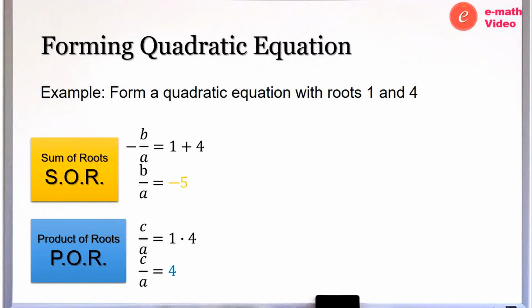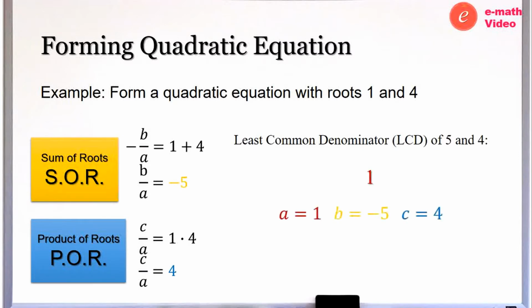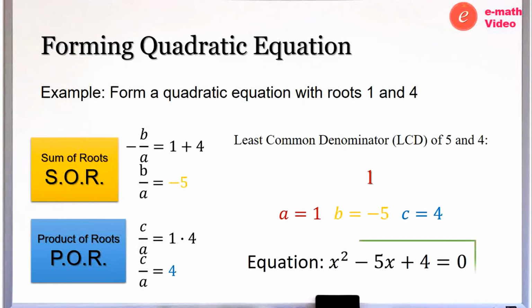As you can see, both b and c are divided by a now. And the least common denominator of 5 and 4 is 1. So a equals 1, b equals negative 5, and c equals 4. Therefore, the quadratic equation is x squared minus 5x plus 4 equals 0. And that's the answer.